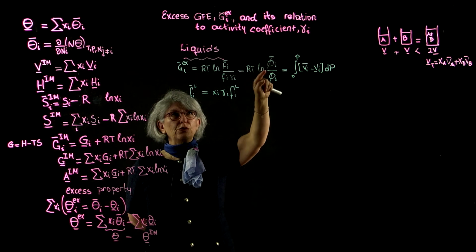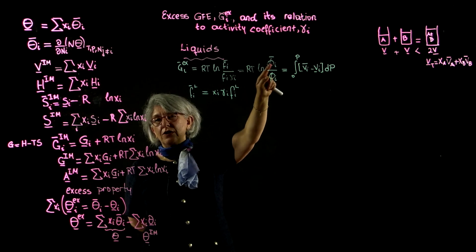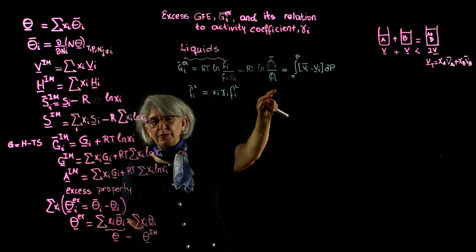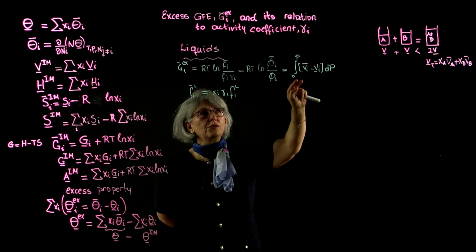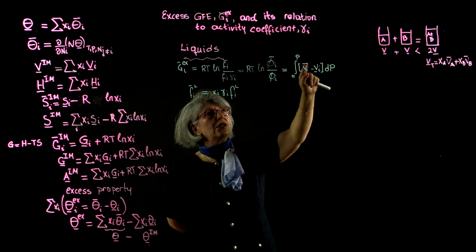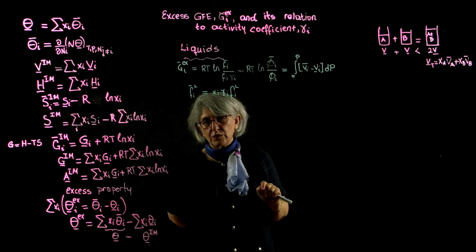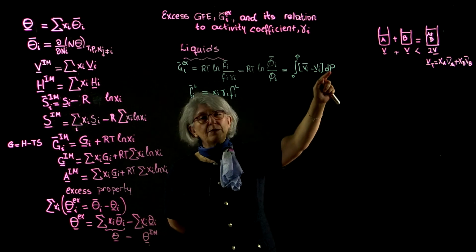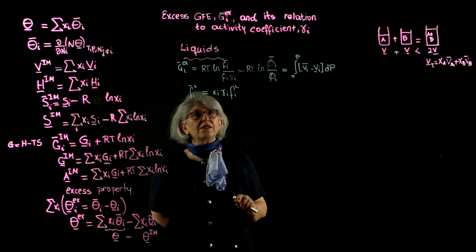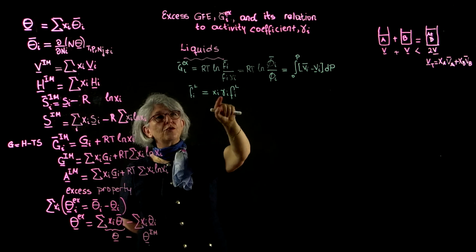This is equal to RT ln of the fugacity coefficient of the component divided by the fugacity coefficient of the pure species. This is equal to an integral between 0 and the desired pressure, of the difference between the partial molar volume minus the molar volume of the pure component, times dP.